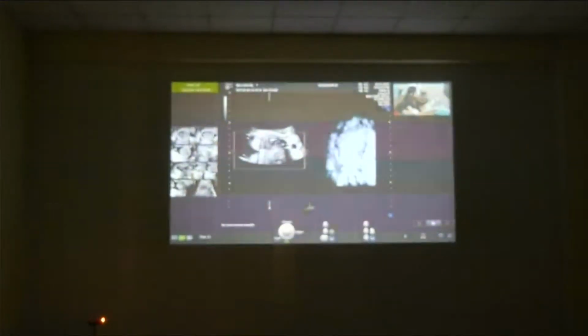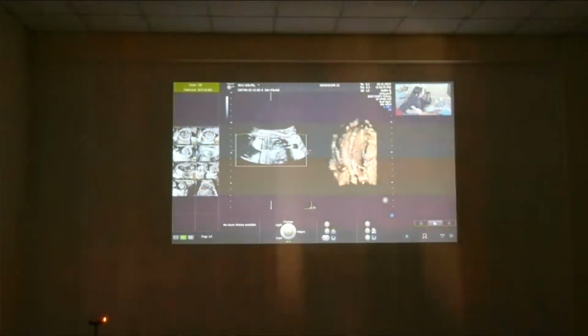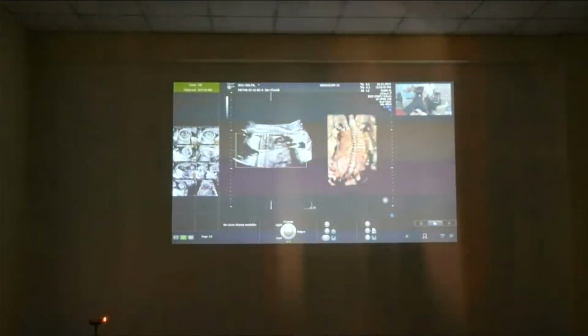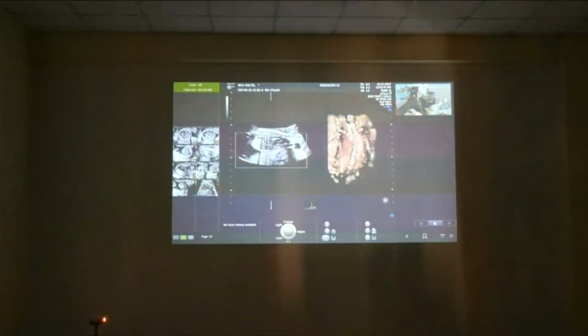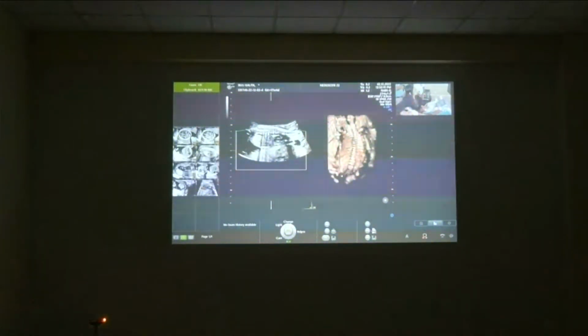So this is the, what about the applications? Nowadays this machine has got wonderful features. You just do this. These are the ribs. And these are the bodies, the vertebral bodies.